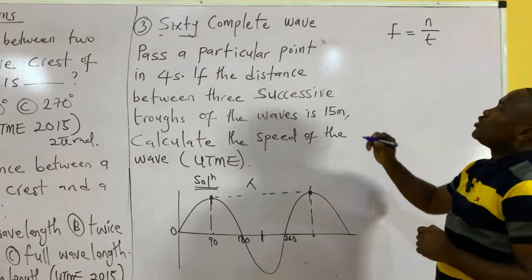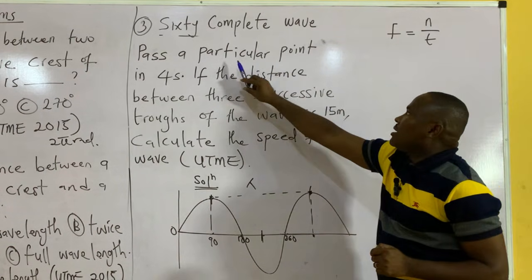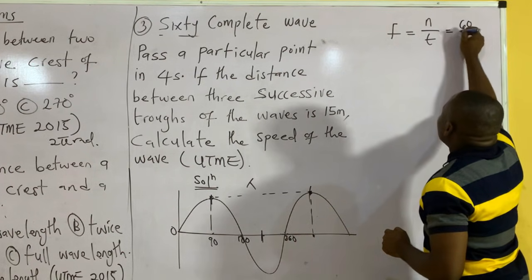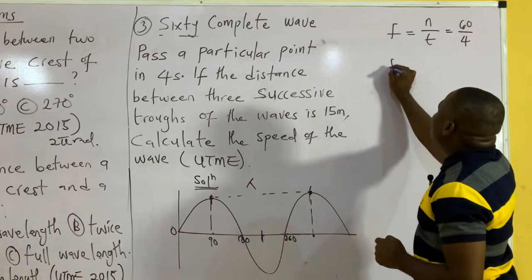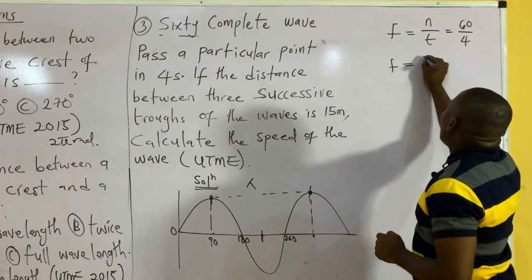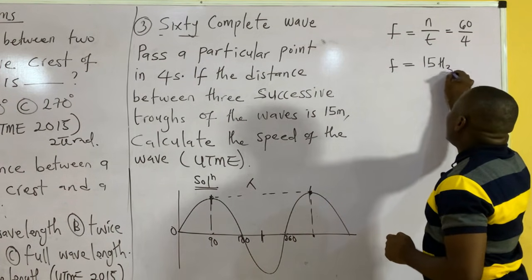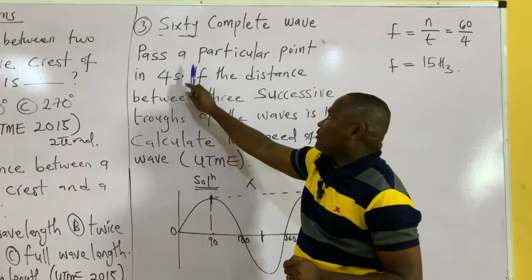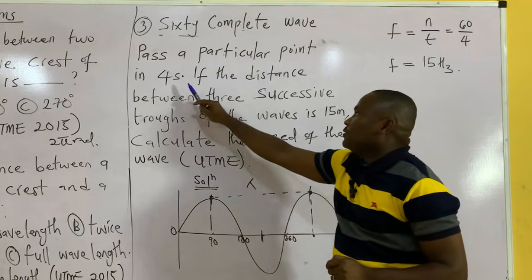So if we are having 60 complete waves in 4 seconds, it will be equal to 60 over 4, and the frequency will be 15 hertz. So this first sentence has been solved.